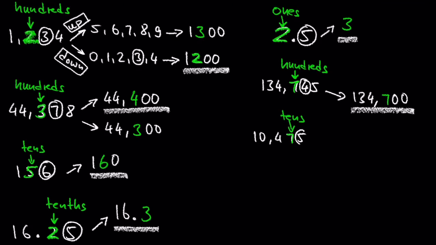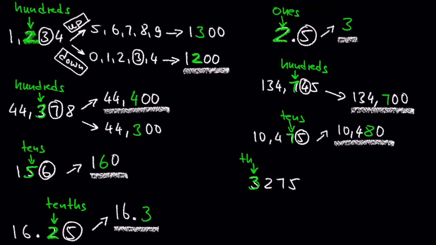The 5 makes an 8 out of the 7, and we get 10,480. Round 3,275 to the nearest thousands place. The 2 doesn't change the 3, and we get 3,000 as our solution.